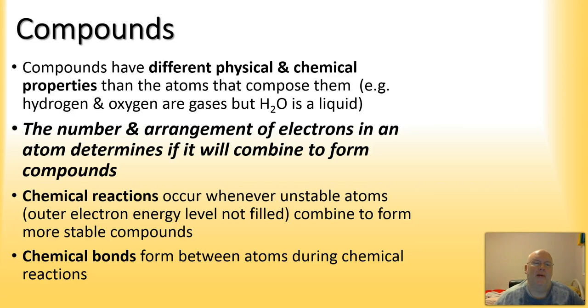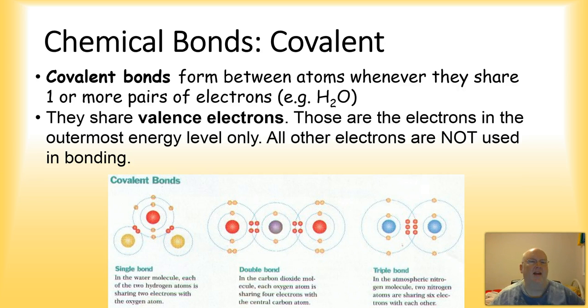What holds a compound together is energy called chemical bonds. We're going to explore 2 kinds of chemical bonds in this section of this unit. The first kind is called a covalent bond. The co means to share, and valent refers to a valence electron.